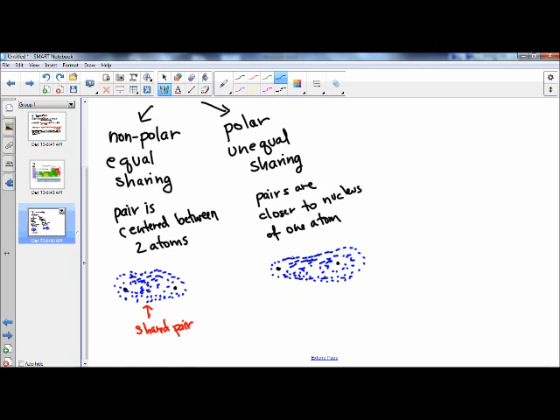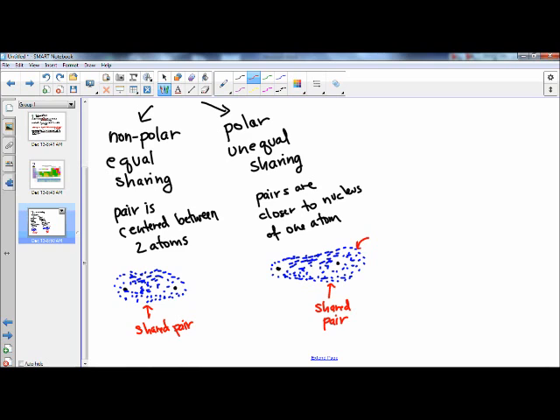You'll notice that the difference is that this one is kind of vaguely lopsided. It's almost pear-shaped, and the other one is more of a perfect oval. What that means is that the shared pair would be shifted a little closer to one atom.